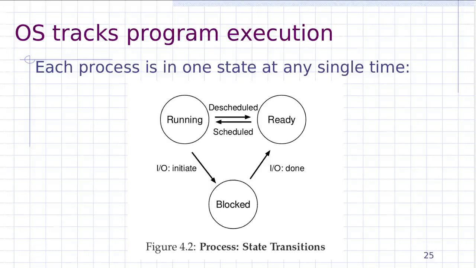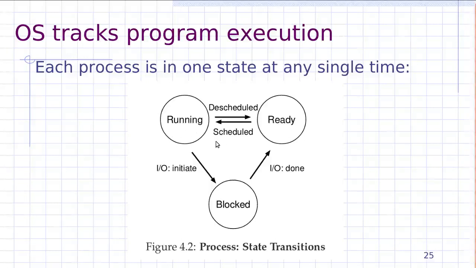Every process running on a system is in one state at any given time. Either it's running and then it gets descheduled by the operating system so that some other program can run, in which case it is switched to ready, unless of course you have multiple cores, in which case you can have multiple programs actually running at the same time.